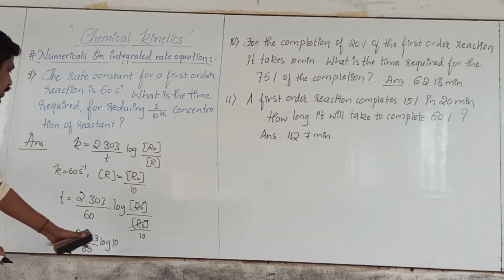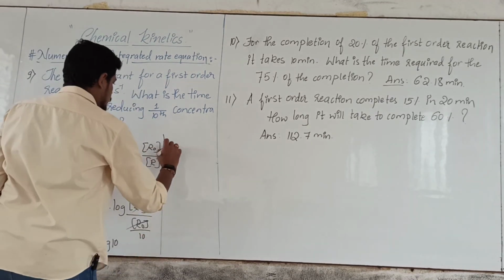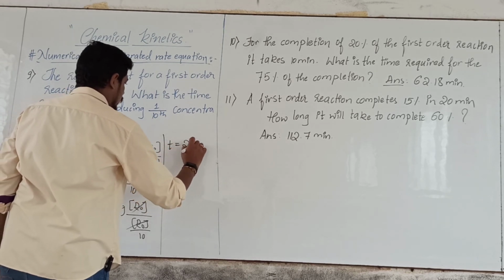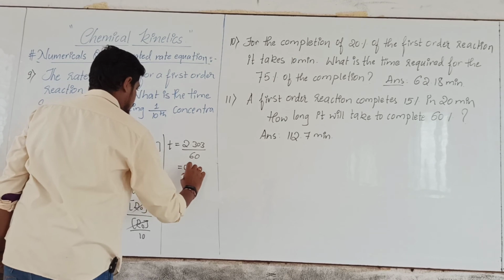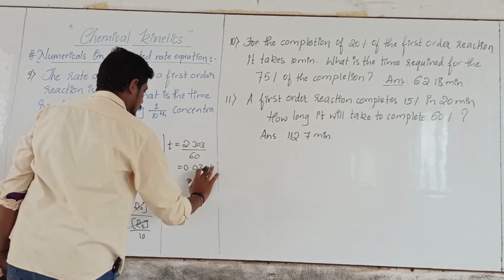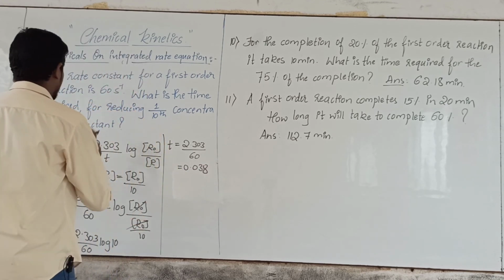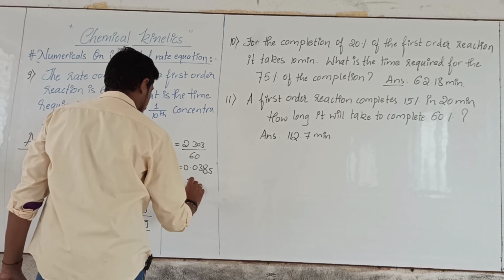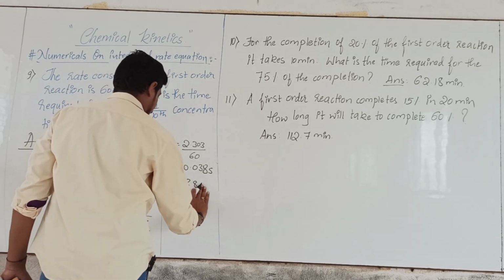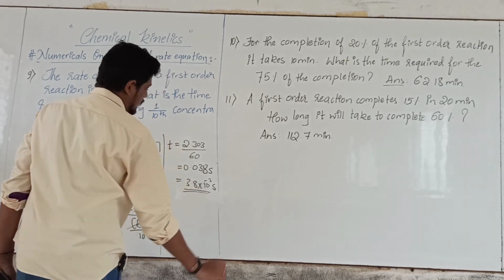Log of 10 is 1. So time is equal to 2.303 divided by 60, which comes to 0.038. They have given seconds, so this will be in seconds. You can write it as 3.8 into 10 to the power minus 2 seconds.